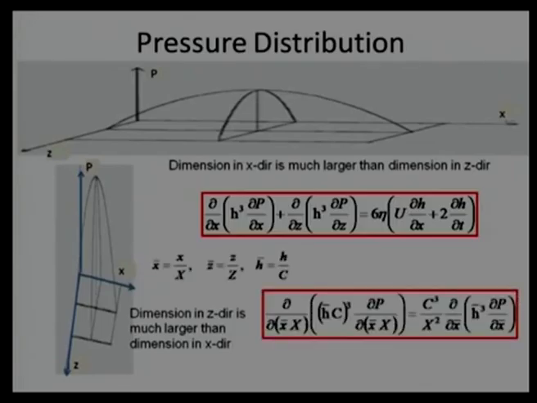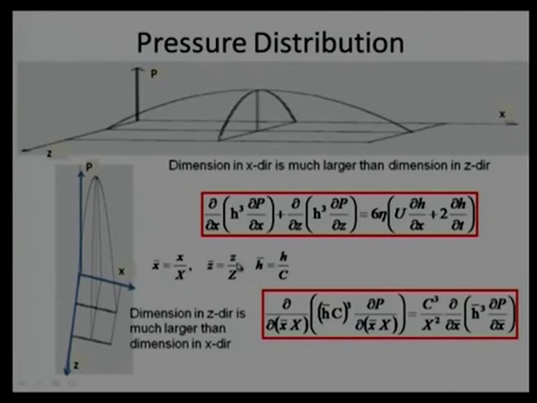To understand this in a better manner, let us non-dimensionalize. What is the reason for non-dimensionalization? We say the maximum dimension in the x direction is capital X. That means this x will vary from 0 to maximum X, and our x bar value will vary from 0 to 1.